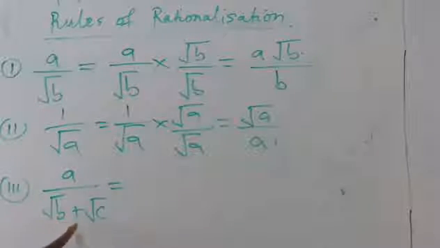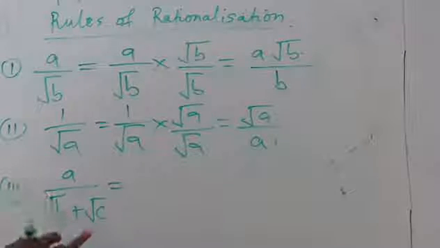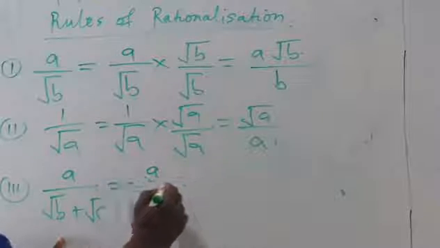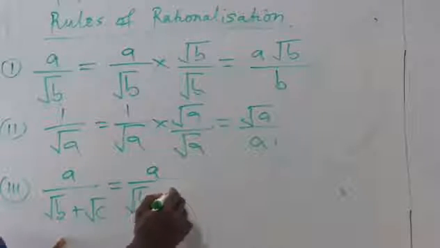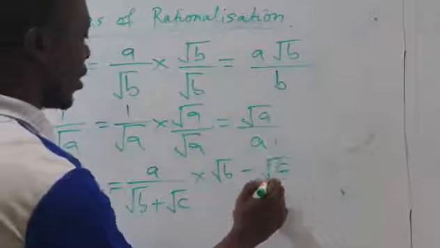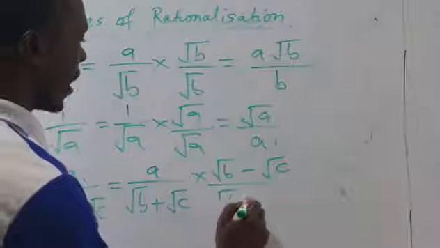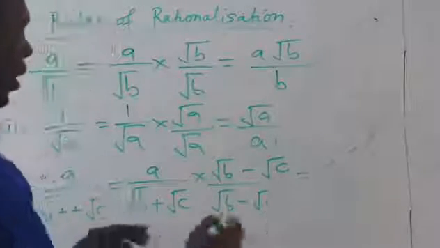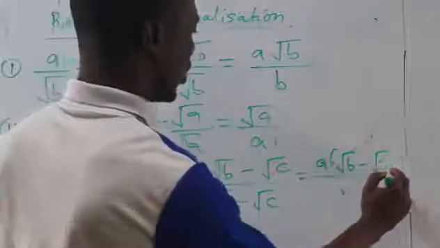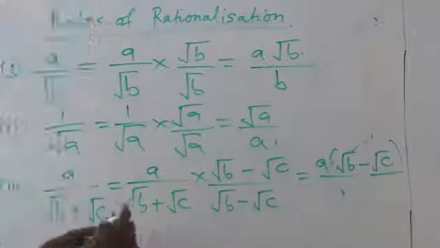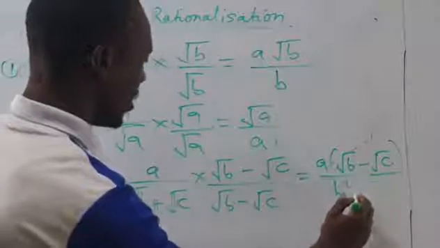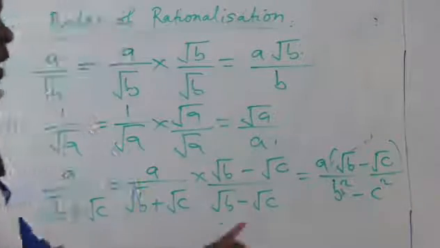It will be root B minus root C. So we have A all over root B plus root C, multiplied by root B minus root C all over root B minus root C. So we have A into root B minus root C all over, using the rule of a surd and its conjugate, B squared minus C squared as the simplification.